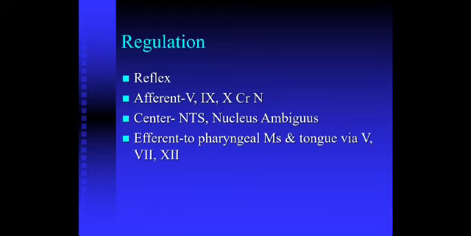So there are afferents which carry the information to the brain, and there is the center in the medulla, the nucleus tractus solitarius, where the information is processed and goes to the muscles of deglutition, the pharyngeal muscles, and the tongue. So this is the regulation.